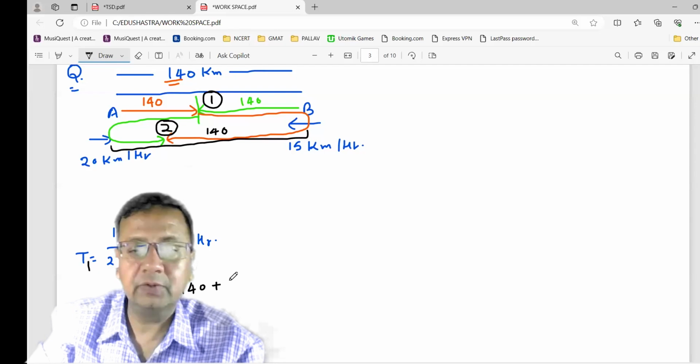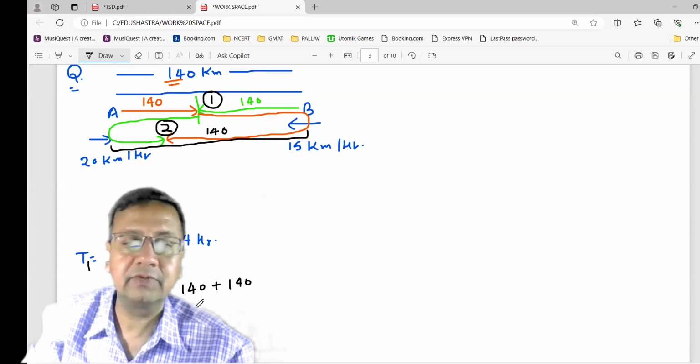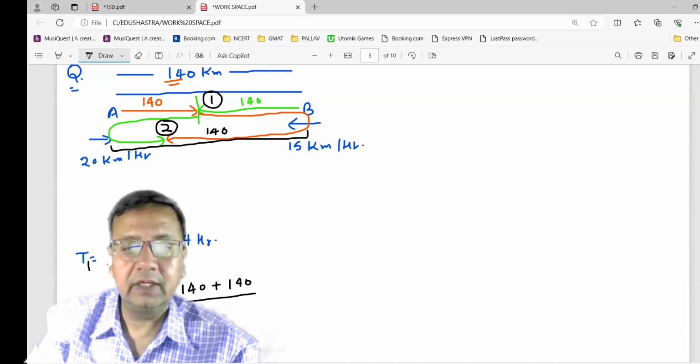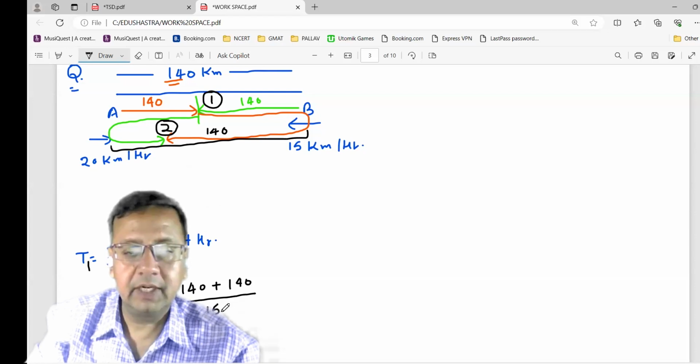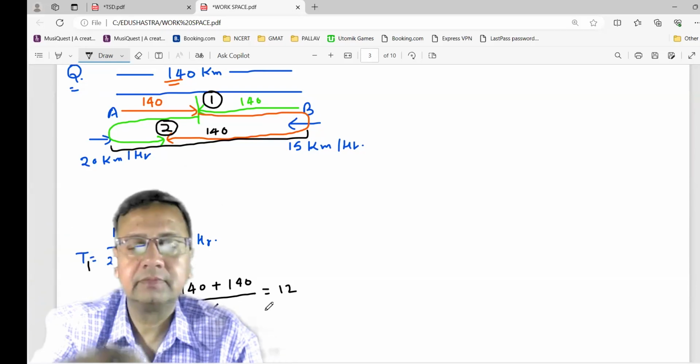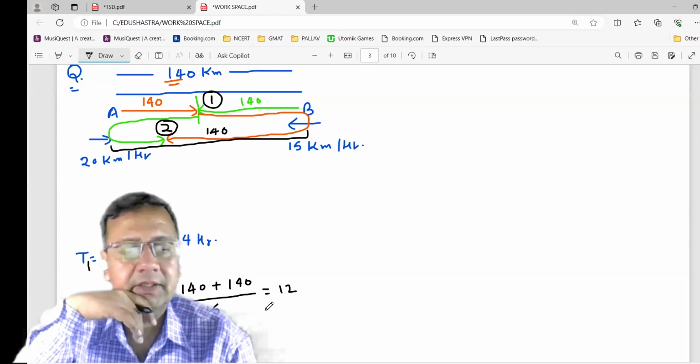And A और B दोनों ने मिलके किया 140। So this is the total distance when they are meeting second time. और ए का स्पीड कितना है? 20, बी का स्पीड कितना है? 15, addition, and this is coming out to be 12 hours, right? Getting this?